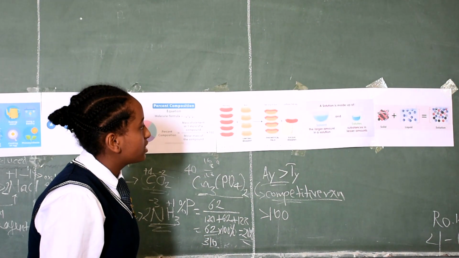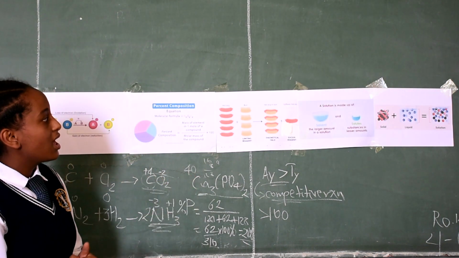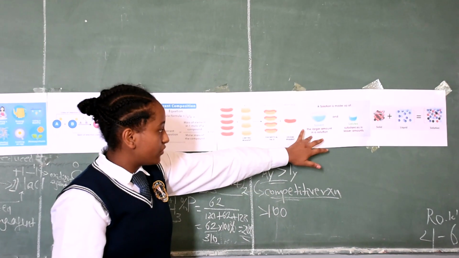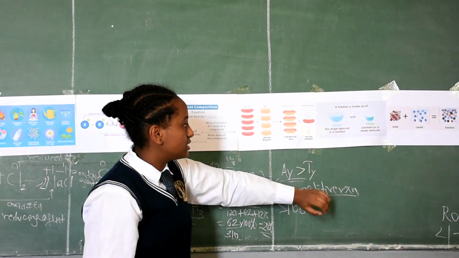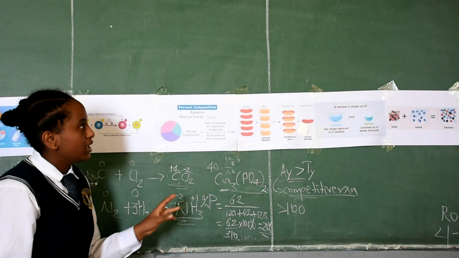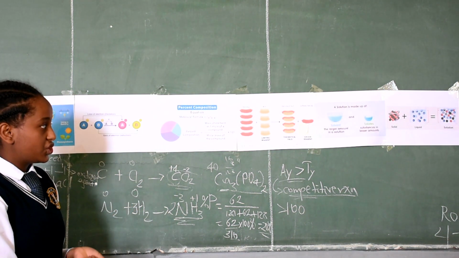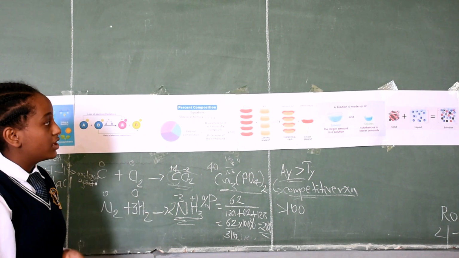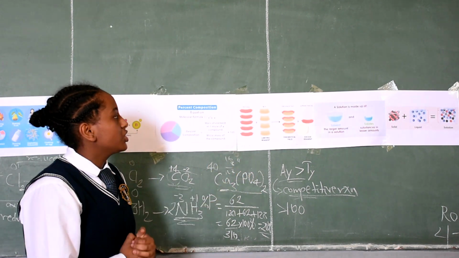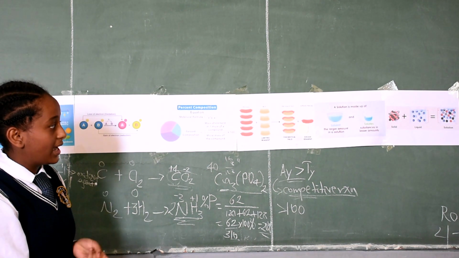And there are different types of solutions. These are based on the physical state of the solvent, because the physical state of the solvent determines the physical state of the solution. The 3 types of solutions are gaseous solution, liquid solution, and solid solution. A gaseous solution contains a gas solute and a gas solvent.